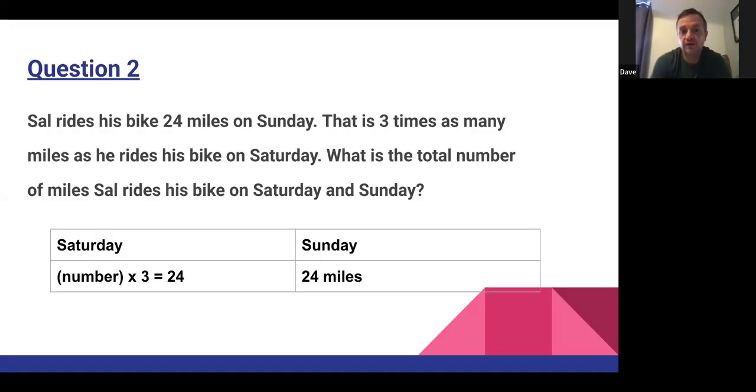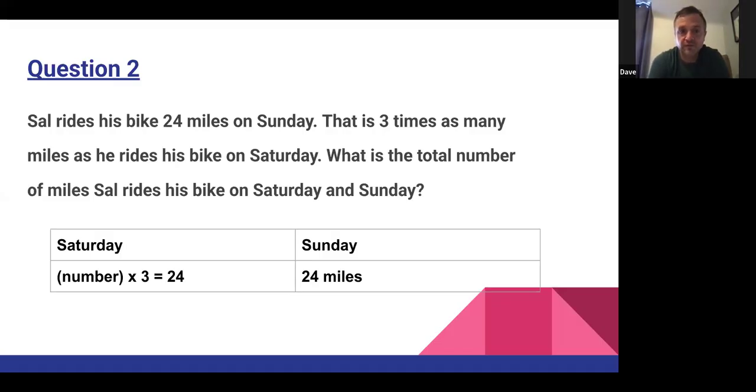So on Saturday he rode his bike 8 miles, and on Sunday he rode his bike 24 miles, which means we have to add them together, the total. 24 plus 8 is 32. The total of miles Sal rode his bike on Saturday and Sunday is 32 miles, okay?